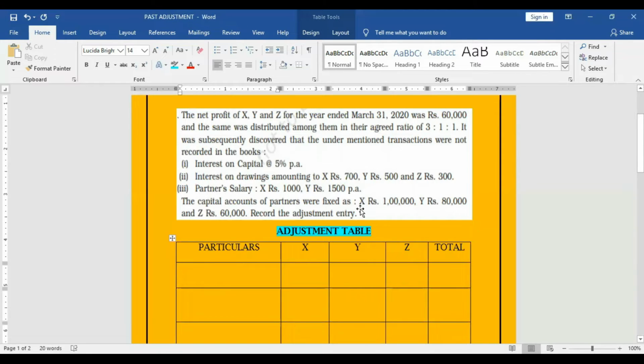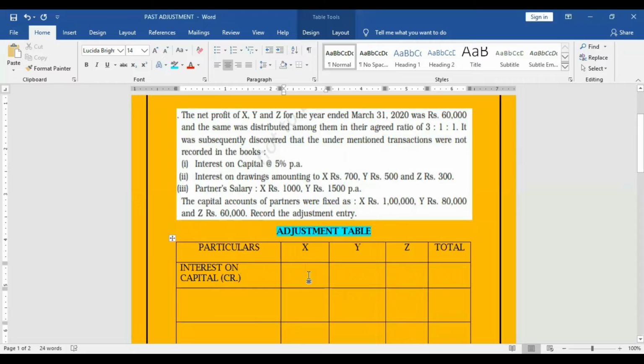Interest on capital, we have to calculate on the capital of the partner. For X, it is 1 lakh, and we have to find 5% of it. For Y, 80,000, we find 5%. So interest on capital is the first thing we credit. We mention here CR, which denotes credit.